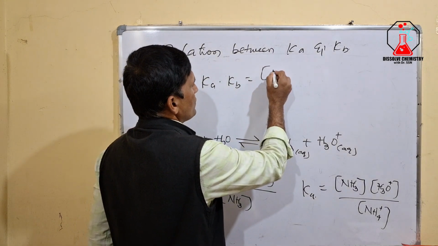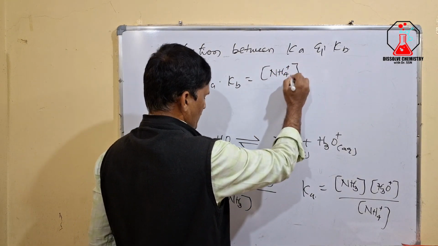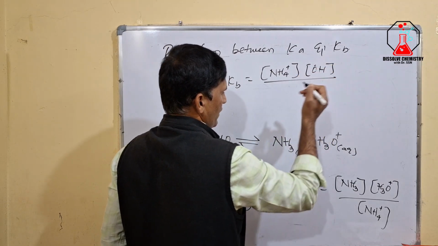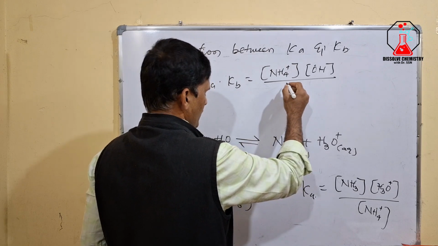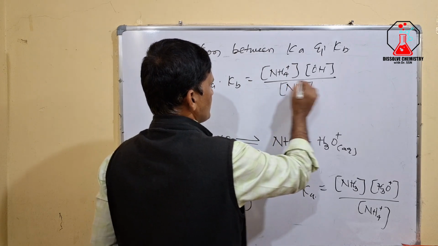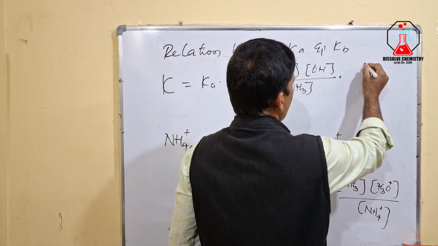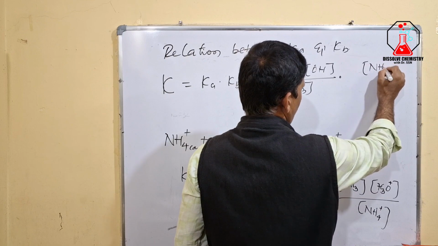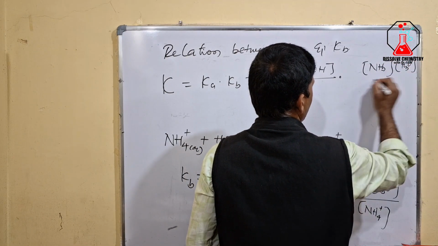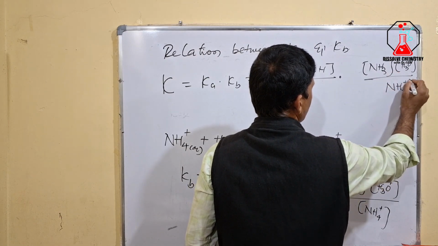Substitute these values: NH4 plus into OH minus divided by NH3, into NH3 into H3O plus divided by NH4 plus.